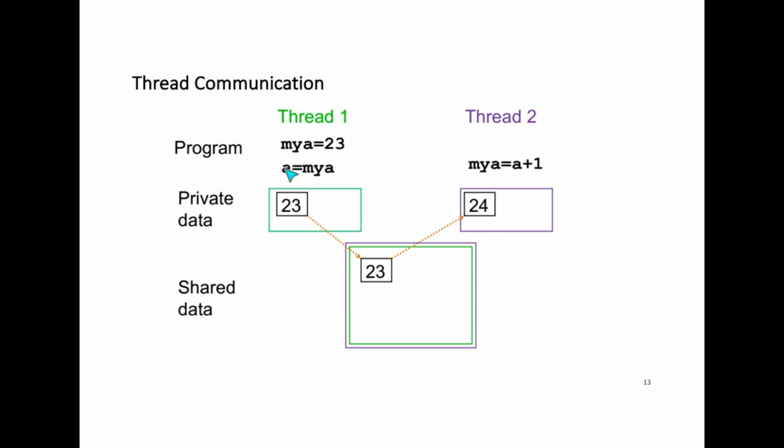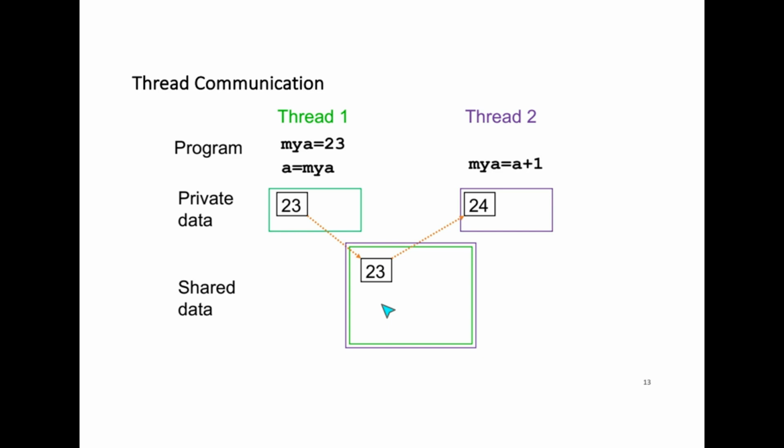On the other hand, A is a shared variable, so it lives in the shared data space. There only is one copy of that, and it has a unique value at any given time. Well, that's a slight simplification, but let's not worry too much about that just now.